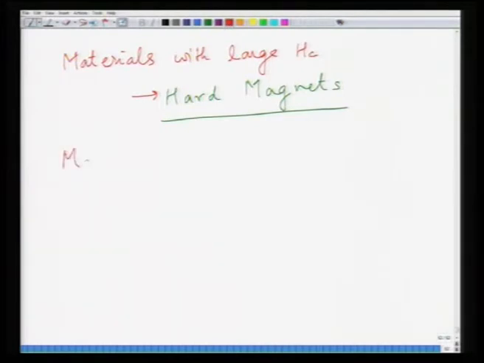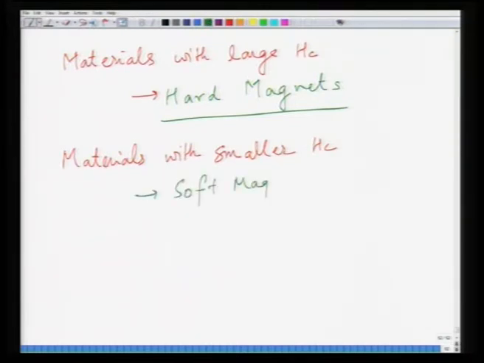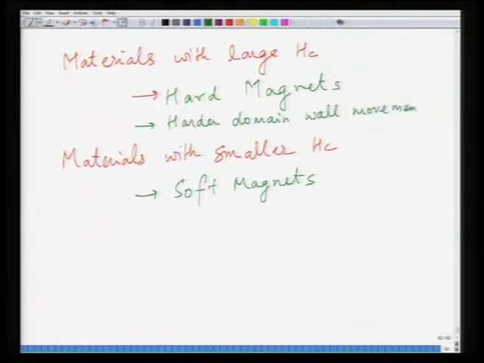So, materials with soft magnets, and typically this would characterize harder domain wall movement, and this would be easier domain reversal.